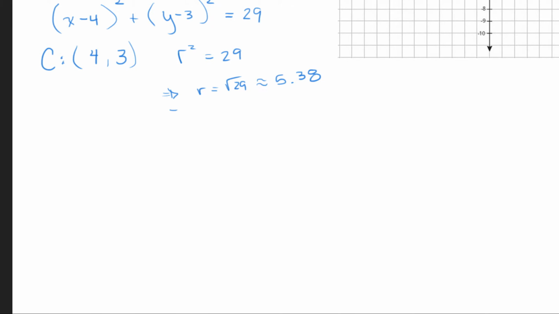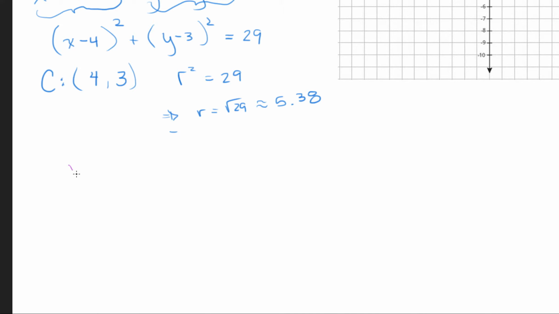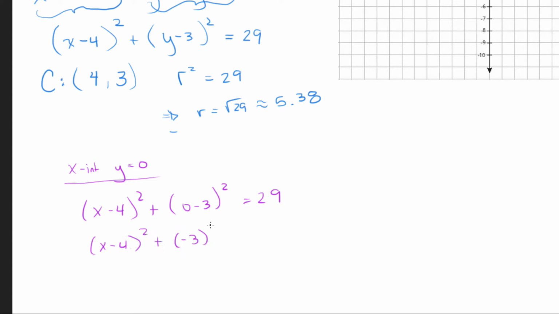So let's find them. Now, in order to find them, I usually use the standard form. So for the x-intercepts, you plug in 0 for y. So you have x minus 4 squared plus 0 minus 3 squared equals 29. So you have x minus 4 squared, 0 minus 3 is negative 3 squared equals 29. X minus 4 squared, negative 3 squared is positive 9.